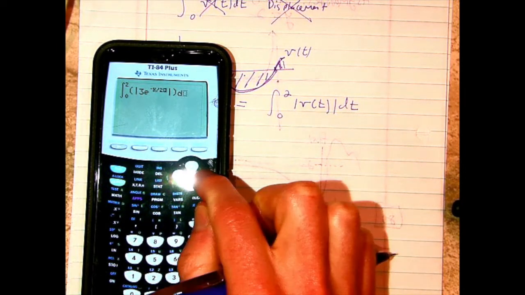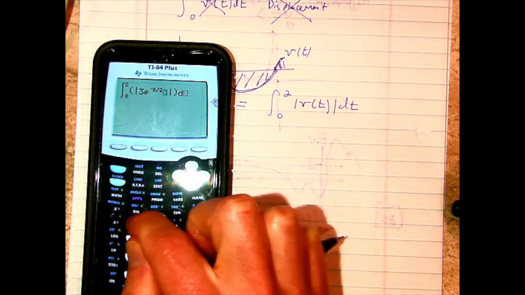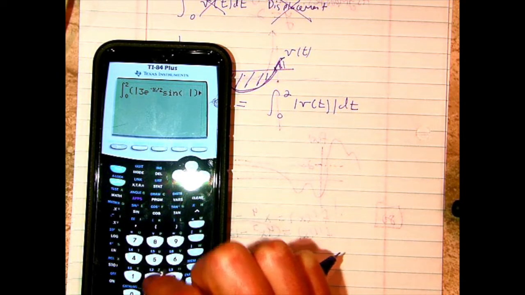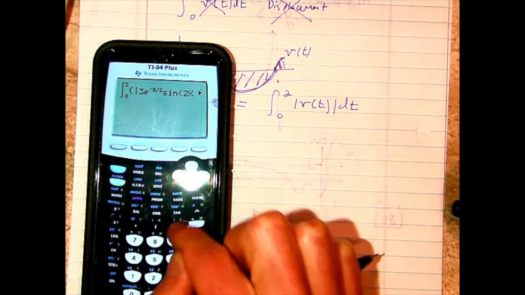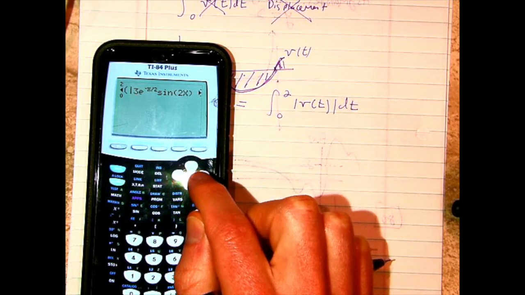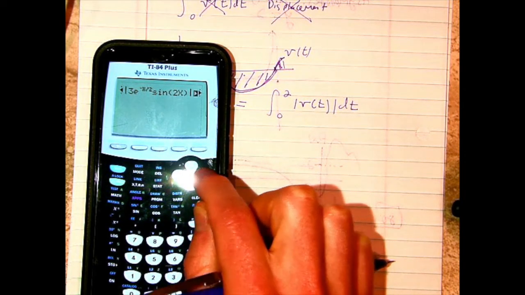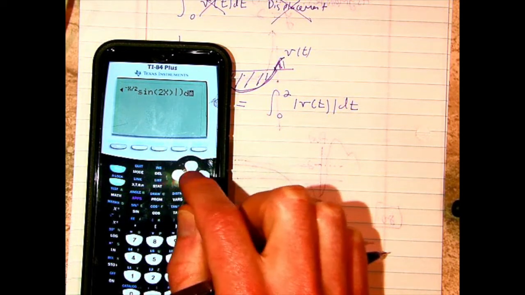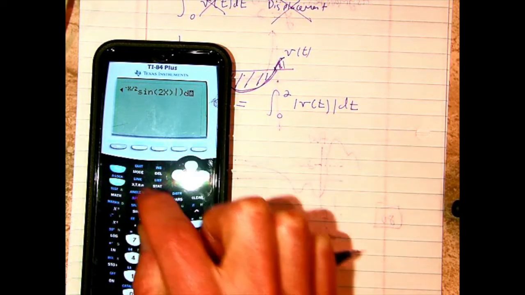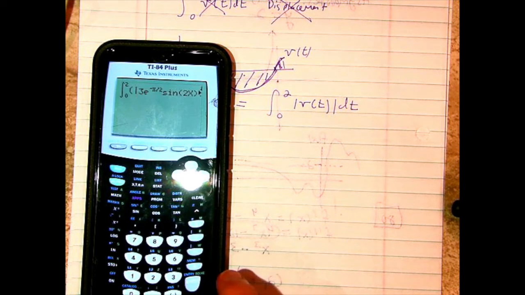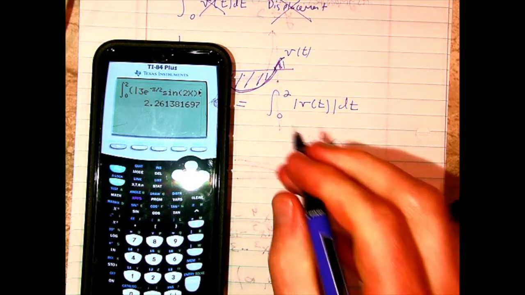Negative x over 2, sine of 2x, close parentheses. And if I just hit enter, I also have to tell it which variable at the end, so I have to hit x there as well. Hit enter, it's thinking. 2.261.